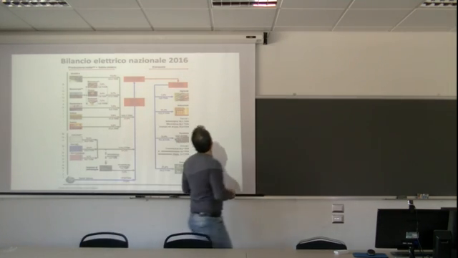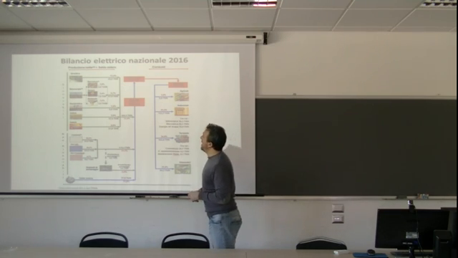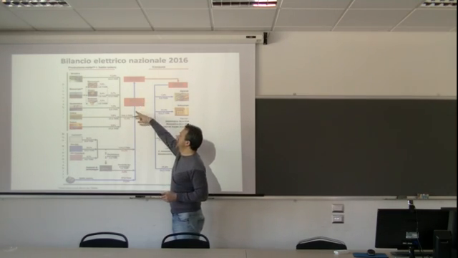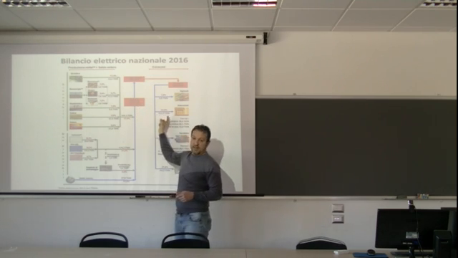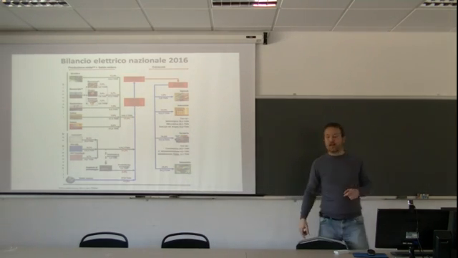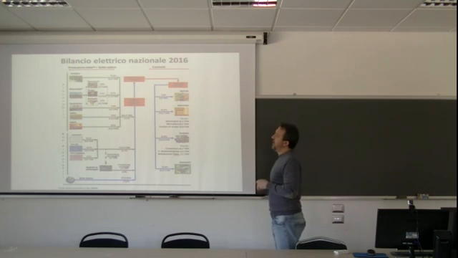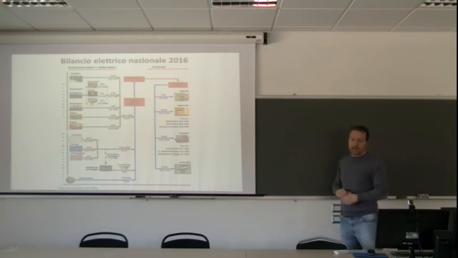Okay, and just to have a number, this is the total request in Italy, approximately more than 300 terawatt hours. So 1 terawatt hour is 1,000 gigawatt hours. So this is equivalent to 300,000 gigawatt hours. Okay, this is the national electricity request of the Italian grid.